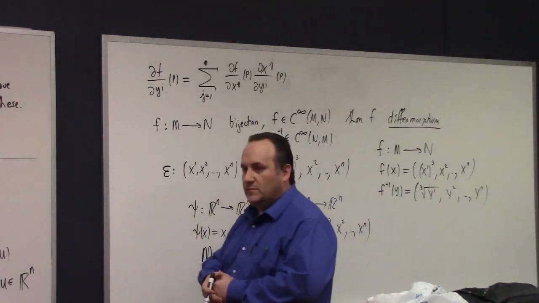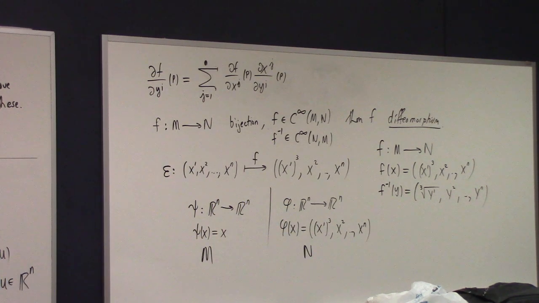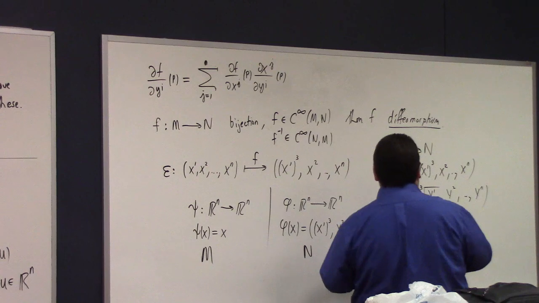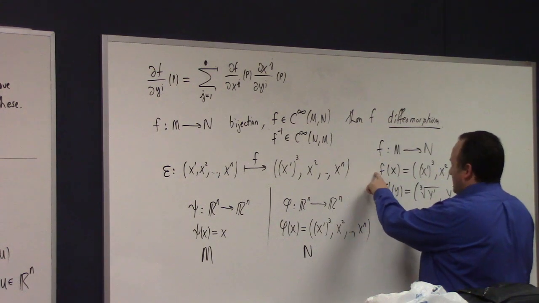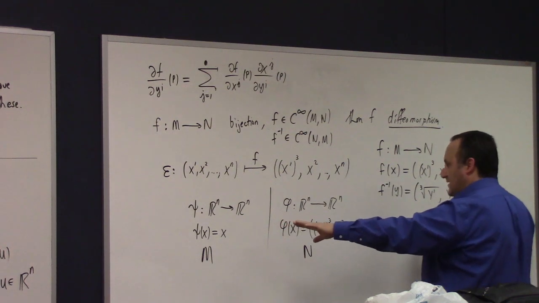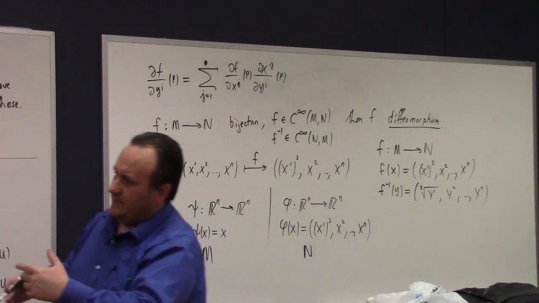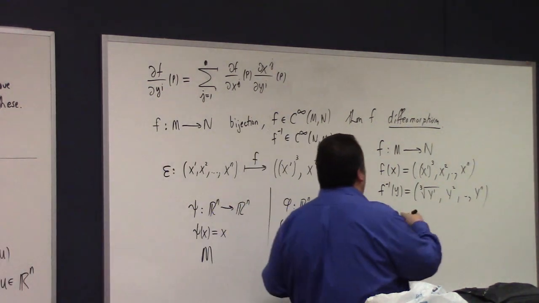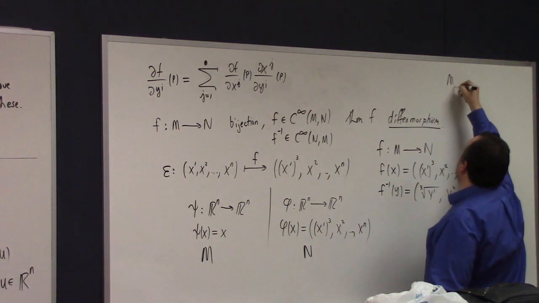It's a bijection. Woohoo! Now you need to check the local coordinate representatives of those maps and show that they're smooth. What are the local coordinate representatives of those maps? So what we'd have to do for F, what's the local coordinate representative? Have I erased them all? It's phi composed with F composed with psi inverse.